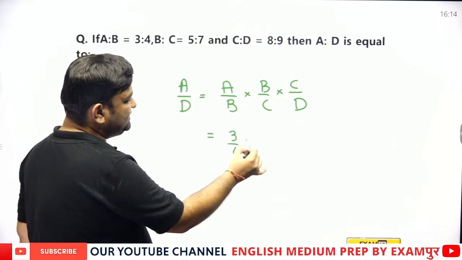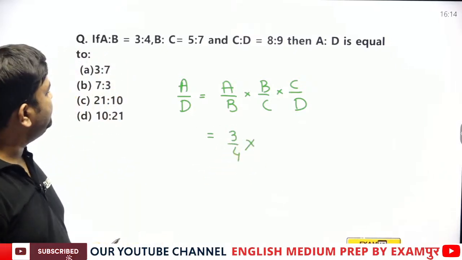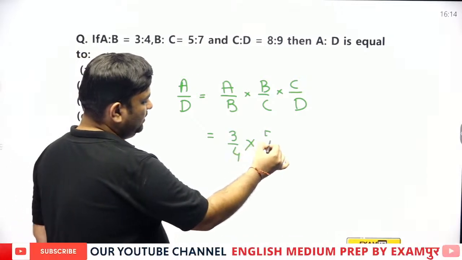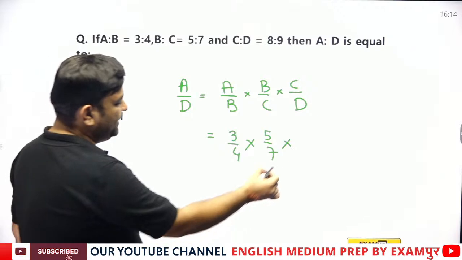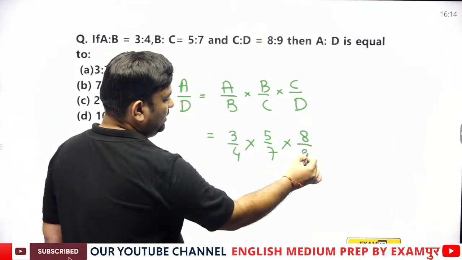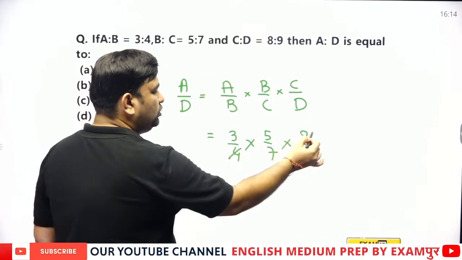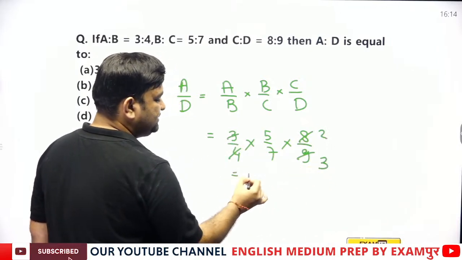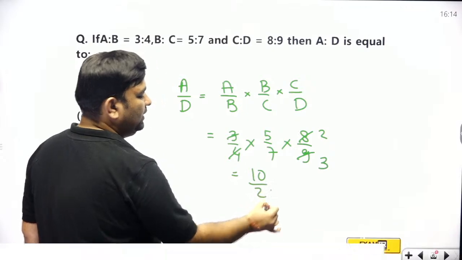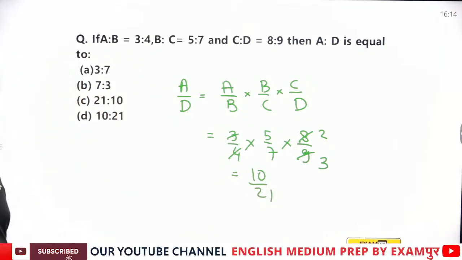B by C is 5 by 7, and C by D is 8 by 9. 4 2s, 3 3s cancel. It's 10 ratio 21.